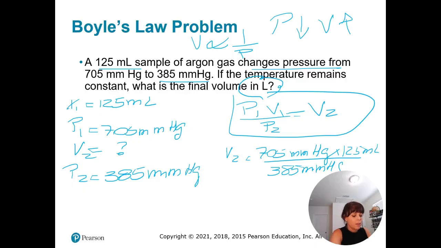So that will give me, wait, I don't want to do anything wrong over here for you. So volume 2 is 705 times 125 divided by 385.